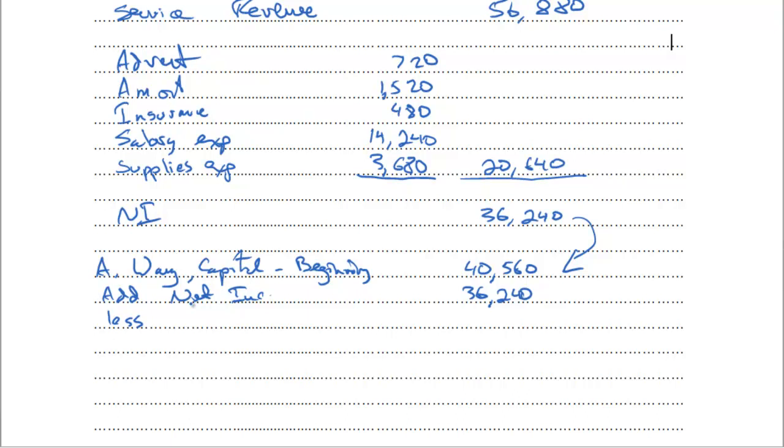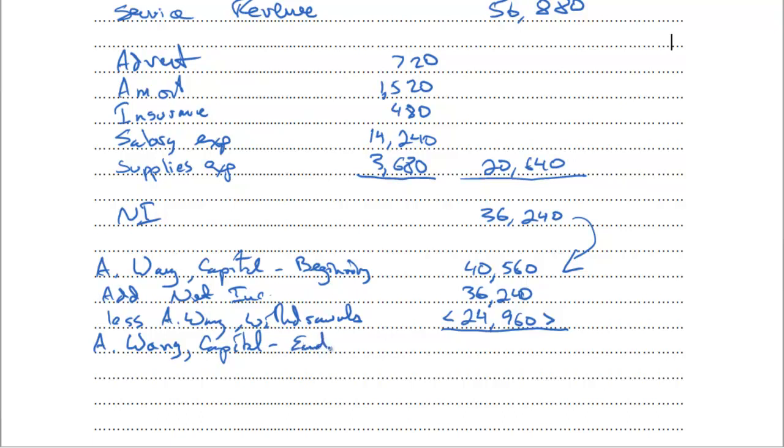So less A Wang withdrawals, 24,960, to give us A Wang, capital, ending, or at March 31st, 51,840. Okay, so we're going to need that number for our balance sheet.